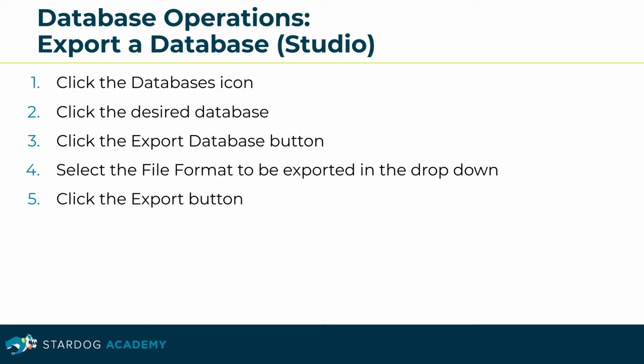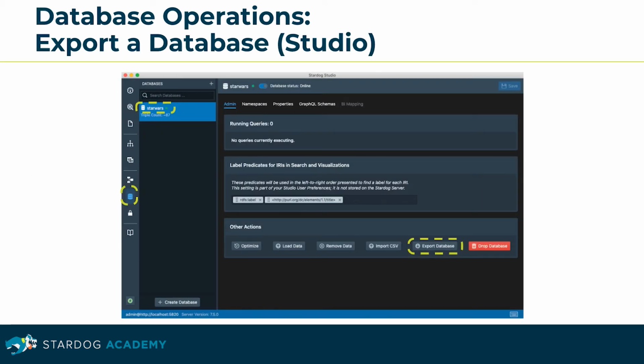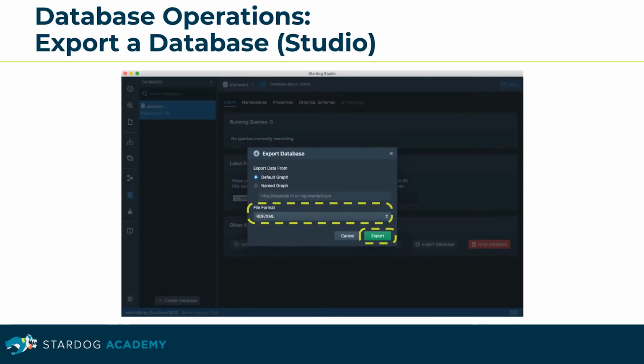Different than a physical backup, the contents of a database can be saved into a standard RDF file with an export operation. Using Studio, click the blue Databases icon, select the desired database, then click the Export Database button. In the window that appears, select the file format to be exported, and then click the green Export button.